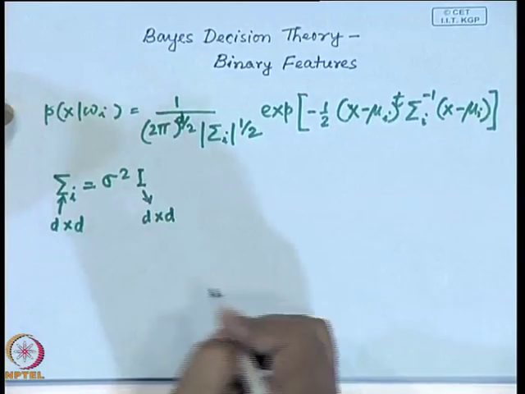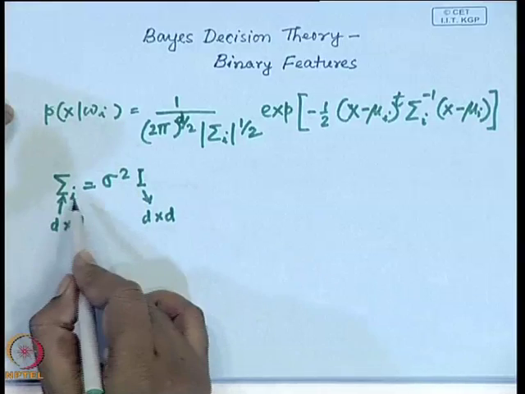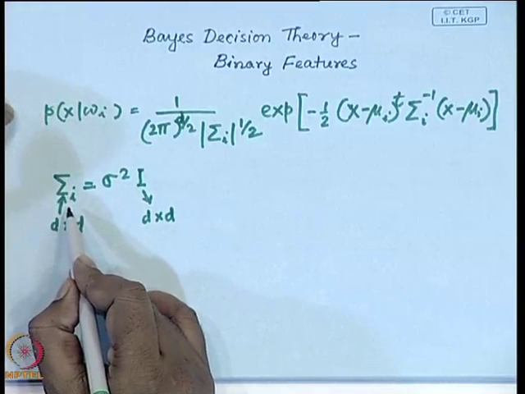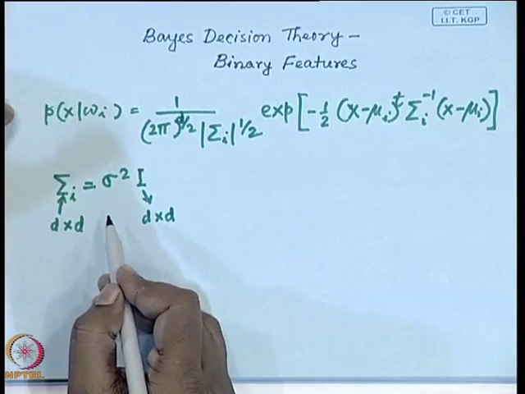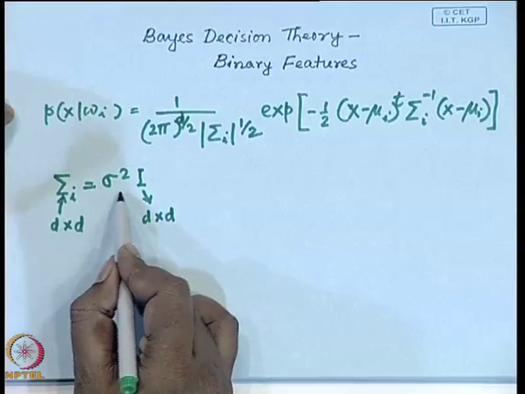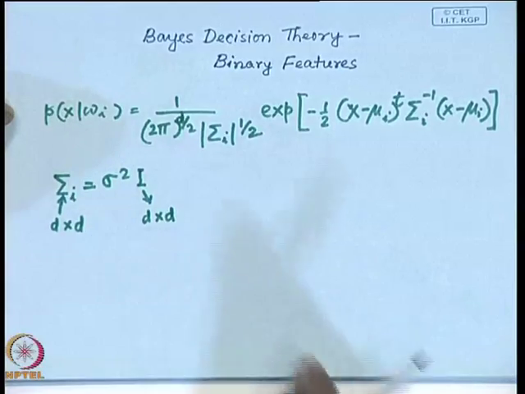Because this is an identity matrix, this simply says that the covariance matrix is a diagonal matrix where every diagonal element is of value sigma square. That means every component has the same variance, whereas off diagonal elements are equal to 0. So, because off diagonal elements are zeros, the different components of the feature vectors are statistically independent.